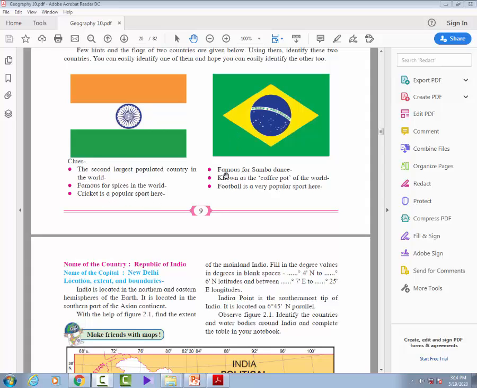For the second: famous for samba dance, known as the coffee pot of the world, and the famous game here is football.